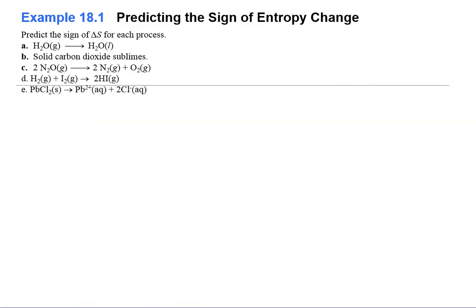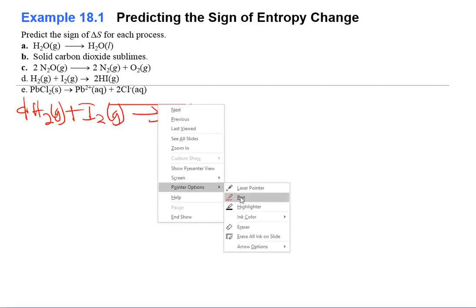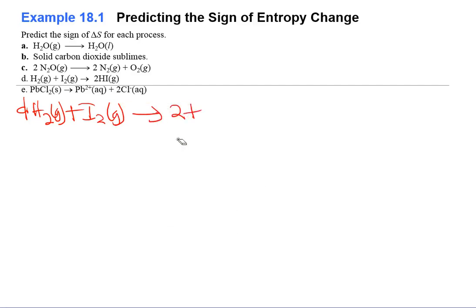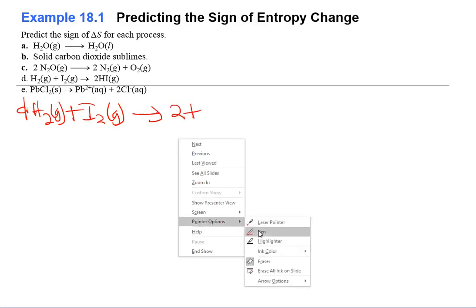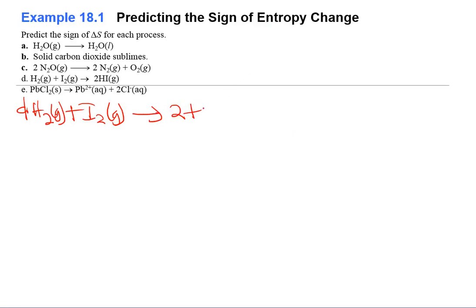If we go to D, we have H2 gas and I2 gas to give us 2HI, also gas.